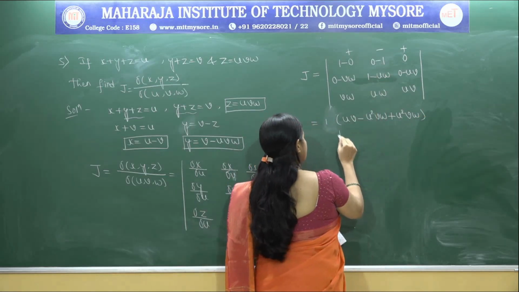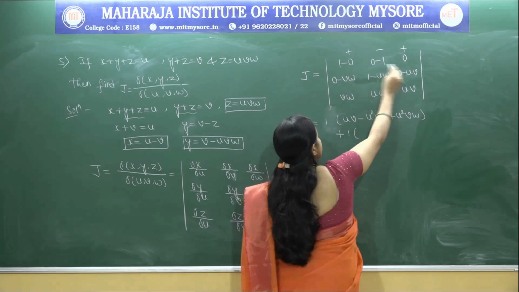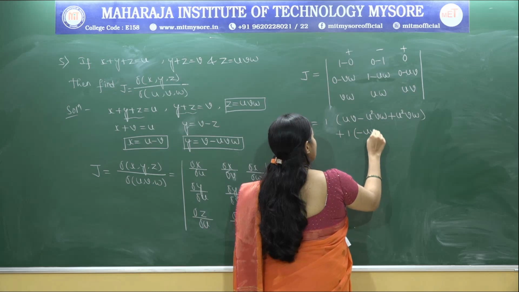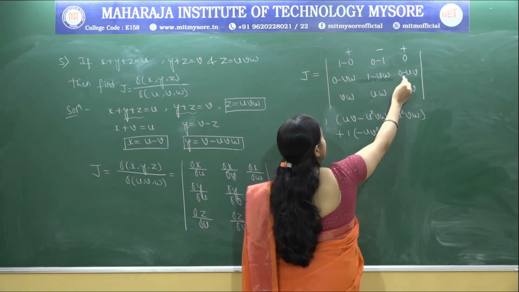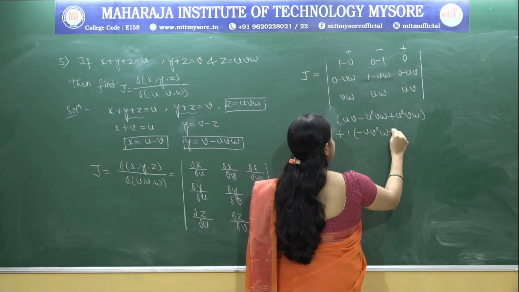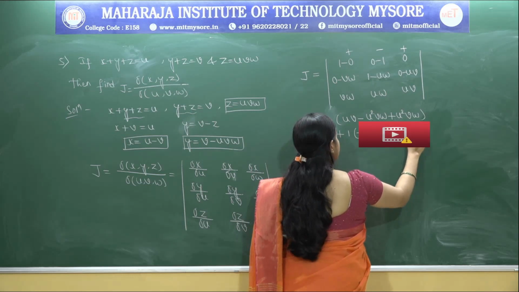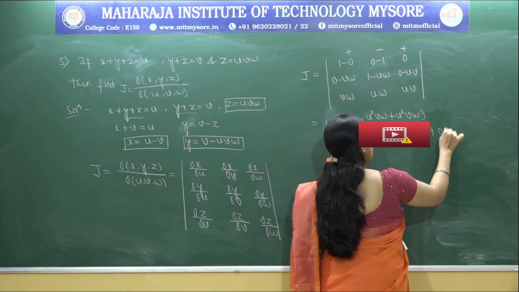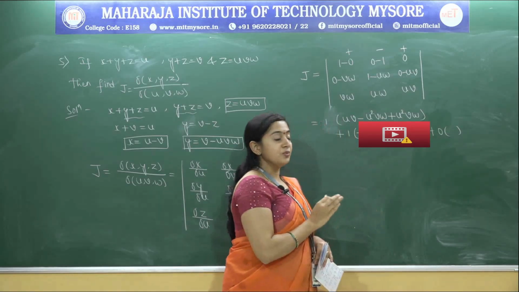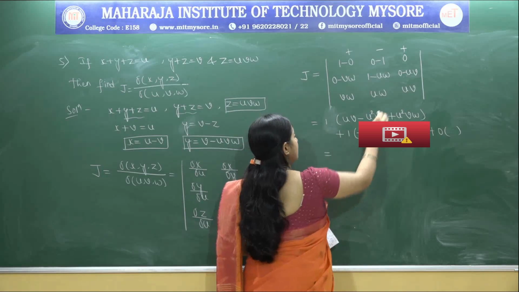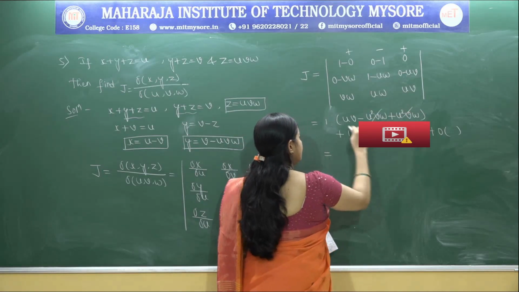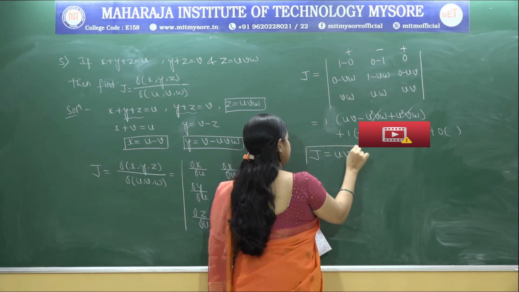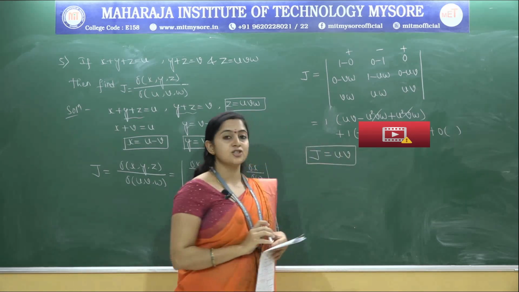Similarly, second term, you have the negative sign, you will get plus 1, delete this row and column, cross multiply, minus uv square w, plus u square vw. The last term is 0, so no need to take the determinant. Next, these two get cancelled and these two get cancelled. You will get J equals u into v. This is the Jacobian.